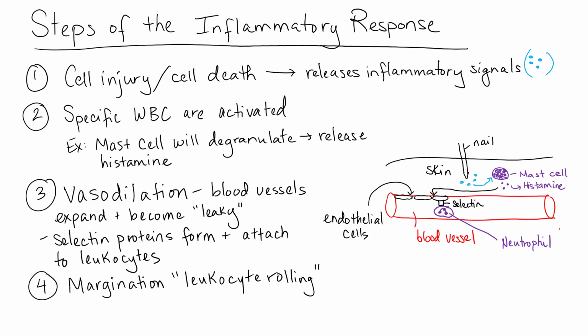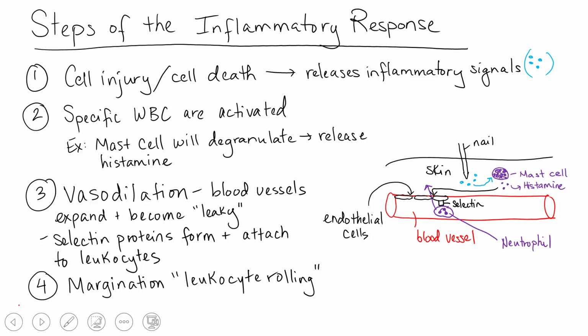So it's sticking or rolling along those selectin proteins until it finds a gap in between the endothelial cells where it can squeeze out of the tissue. And so remember, vasodilation has allowed for the blood vessel now to become leaky. And so fluid can easily leak out of the blood vessel. And that's to allow these phagocytes to leak out of the blood and get into the skin.